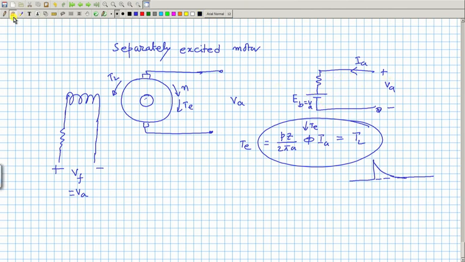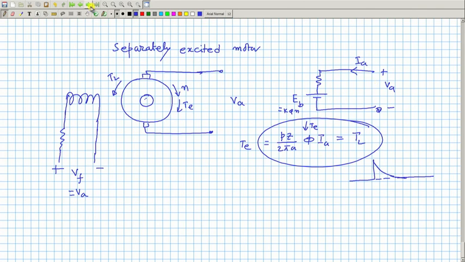Anyway, that is an idealistic situation. So, Eb is k phi n, mind you, and it will settle down to this speed. Okay.